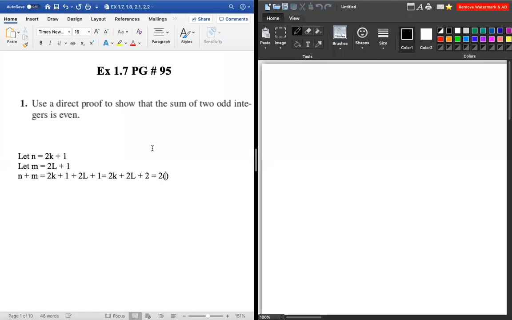Further, we can take the common factor 2: 2 times (k plus l plus 1). Okay. So with this, we know that this number is actually an even number because it's a multiple of 2. Therefore, it is even because it's a multiple of 2.